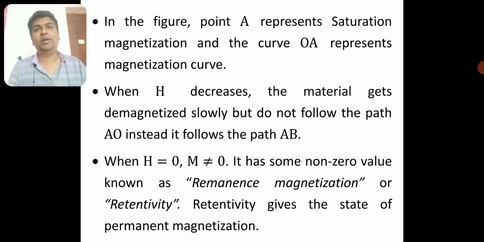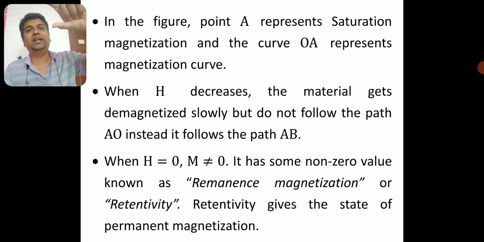Retentivity gives rise to permanent magnetization. We are decreasing the field, making the field 0, but we still have some magnetization left in the magnetic material. This non-zero magnetization is known as retentivity, and it is the permanent magnetization.